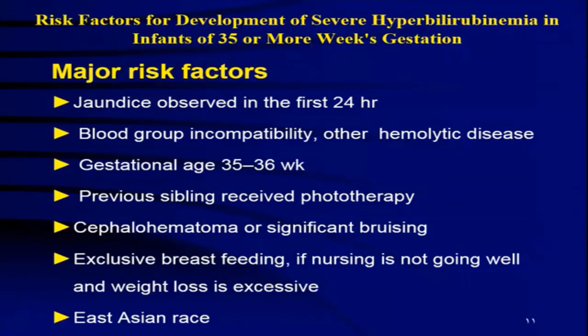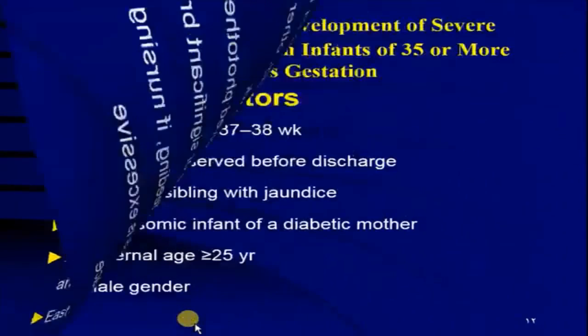Now, what are the major risk factors? They include jaundice observed in the first 24 hours, blood group incompatibility, other hemolytic disease, gestational age between 35 and 36 weeks, previous siblings receiving phototherapy, cephalhematoma or significant bruising, exclusive breastfeeding if nursing is not doing well and weight loss is excessive, and I mean by nursing not doing well infrequent feeding of the baby, and East Asian race.